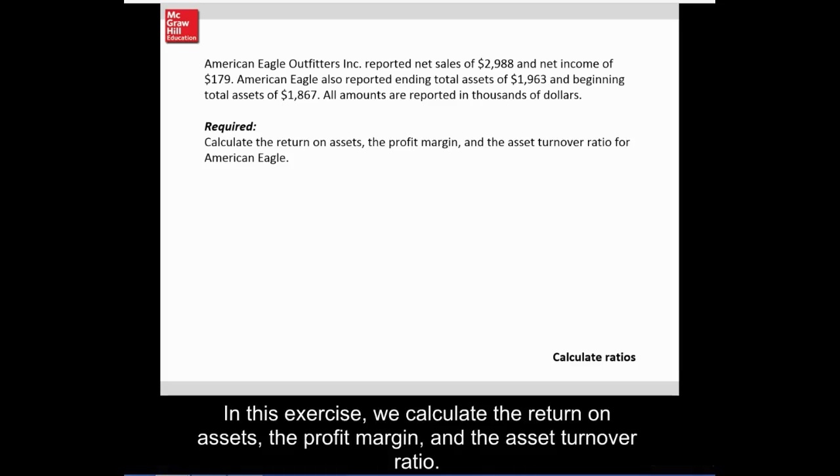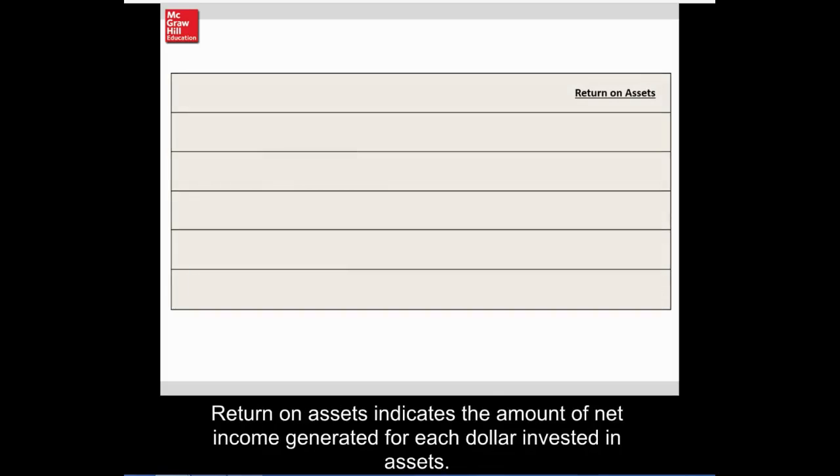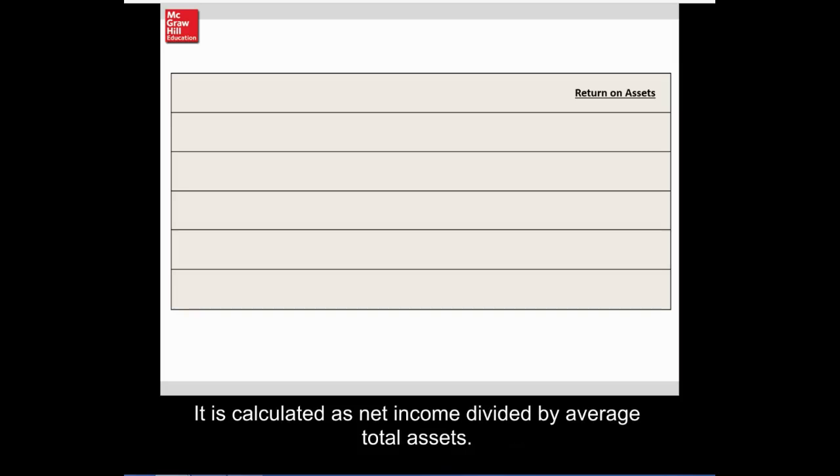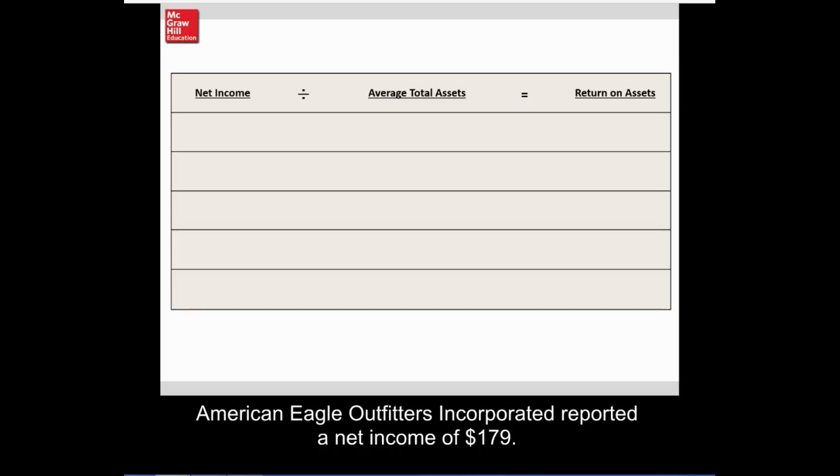In this exercise, we calculate the return on assets, the profit margin, and the asset turnover ratio. Return on assets indicates the amount of net income generated for each dollar invested in assets. It is calculated as net income divided by average total assets. American Eagle Outfitters, Incorporated, reported a net income of $179.